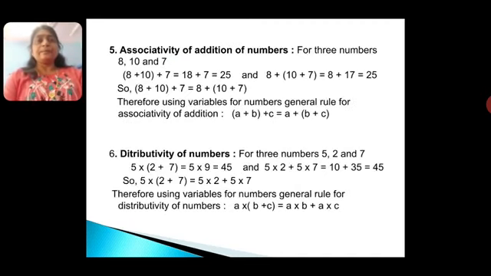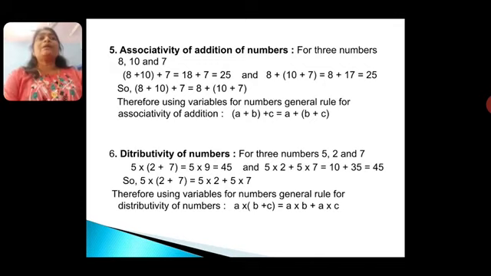Now, associativity of addition of numbers. For three numbers 8, 10 and 7, in brackets 8 plus 10, plus 7 equals 18 plus 7 gives 25, and 8 plus in brackets 10 plus 7 equals 8 plus 17, also 25.